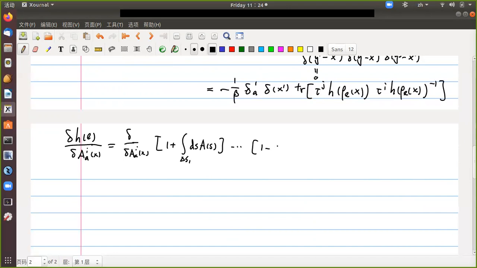So let's say a generic factor in this product is on the small segment delta Si.